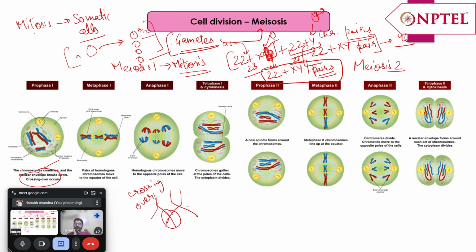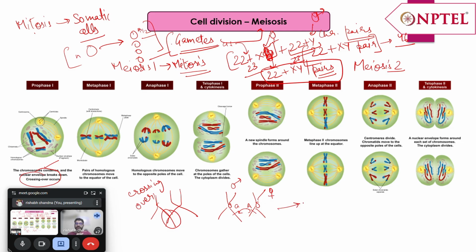So for example, sorry for the diagram. This is a chromosome that came from the male counterpart, and this is the chromosome that came from the female counterpart. There is a gene called A that has different alleles in both cases. Now the crossing over happens and these alleles are replaced with each other.